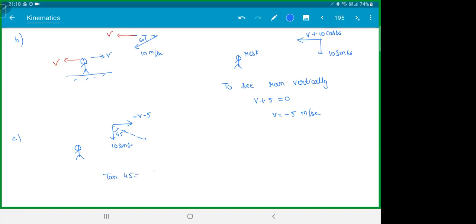So tan 45 is minus V minus 5. What I did is simply reverse this vector in this direction. So the whole thing will become a minus. Or in case you're confused, I'll just write this thing like this. V plus 10 cos 60 by 5 root 3 is equal to 1. So we get V is equal to minus of 5 root 3 plus 5. The minus indicates man is not running forward, man is going backward.